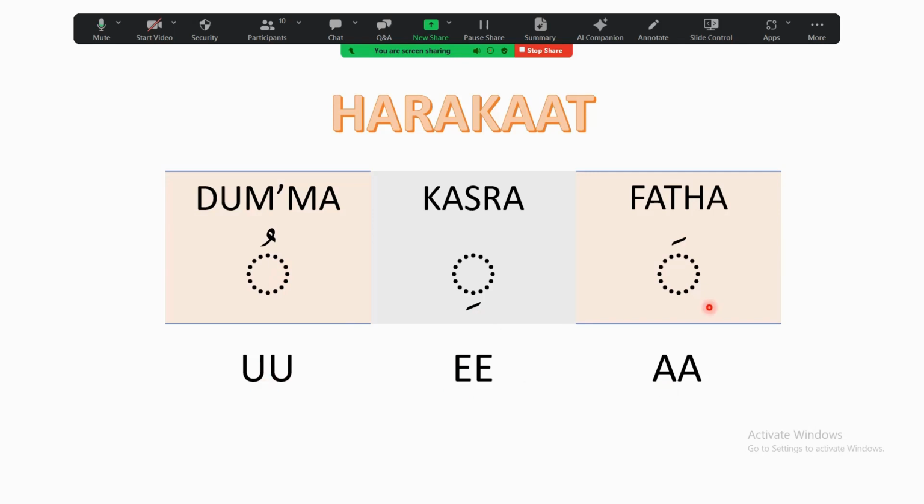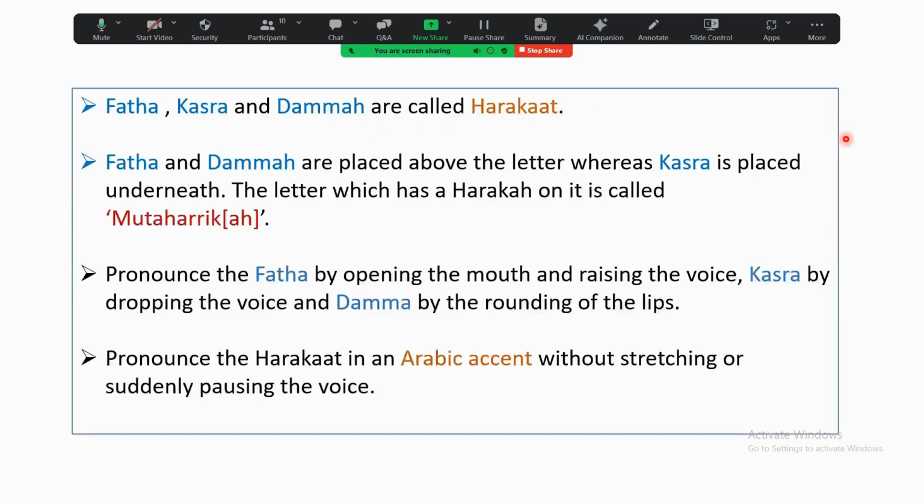So individually, this fatha is a haraka, and this again is a haraka. When you talk about all three, we use the plural word harakat. The singular is haraka and the plural is harakats. Okay, so these are three basic symbols.